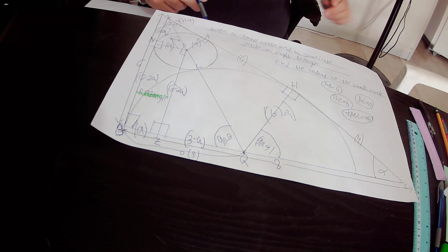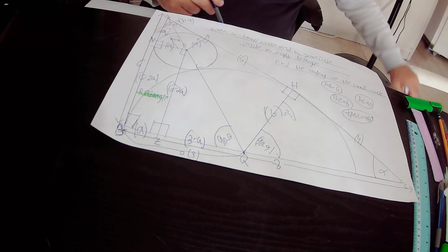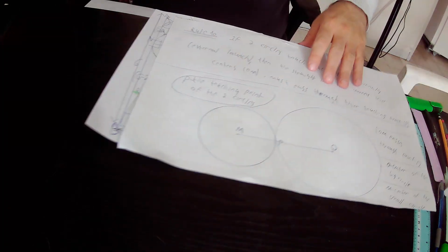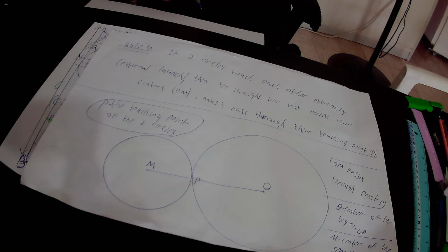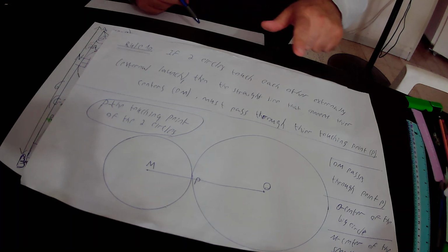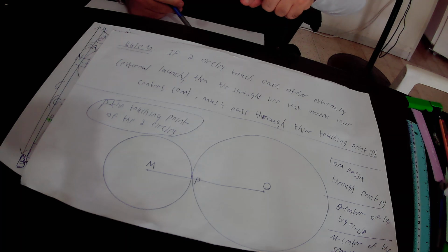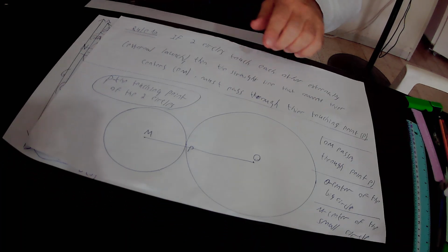Now, I'll repeat quickly rule 10. According to rule 10, if two circles touch each other externally, then the straight line that connects the centers together must pass through their touching point. In the drawing we have two circles.